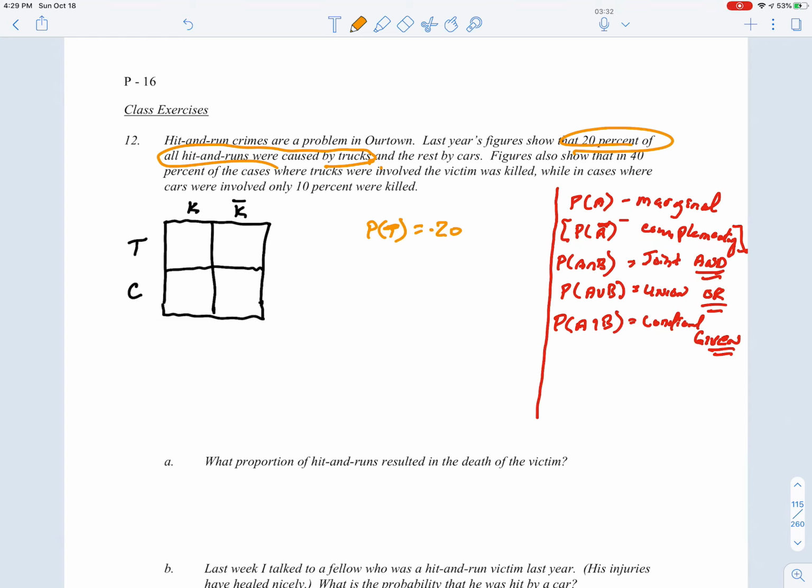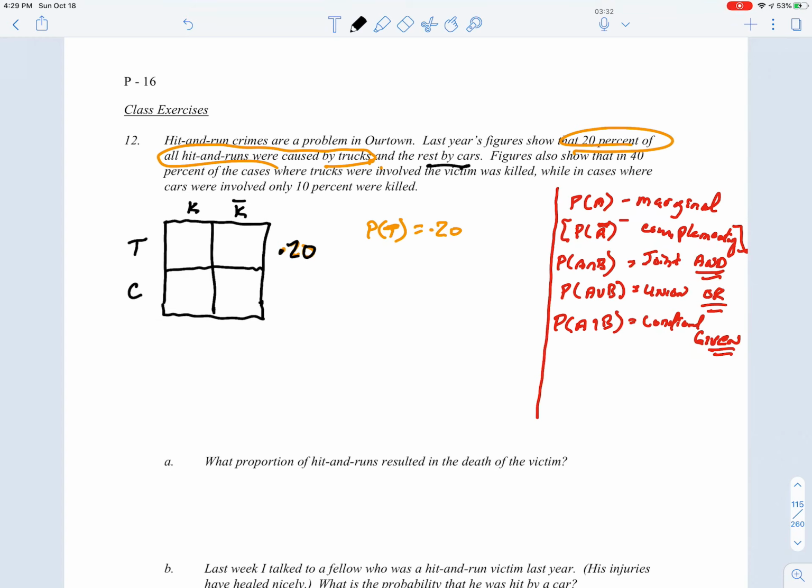It's not a joint probability because it is only talking about one dimension of the problem, the type of vehicle. It doesn't mention anything about whether the person is killed or not. So it's got to be in the margin of the table, right there. Actually, I'm going to change that back to black for the colors.